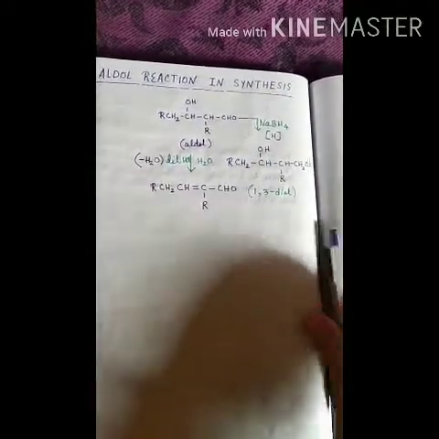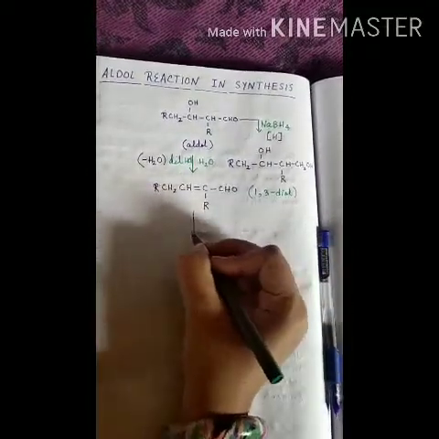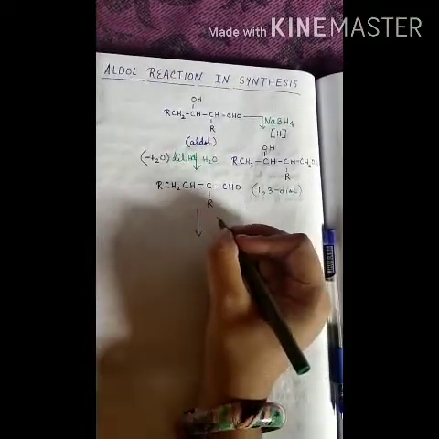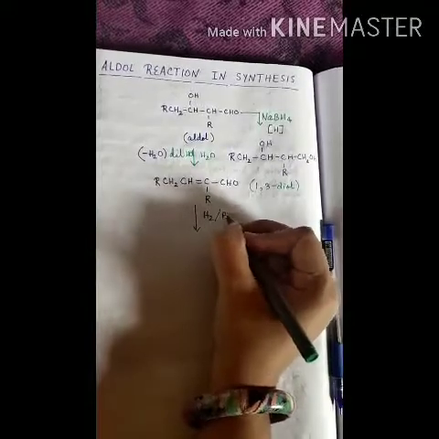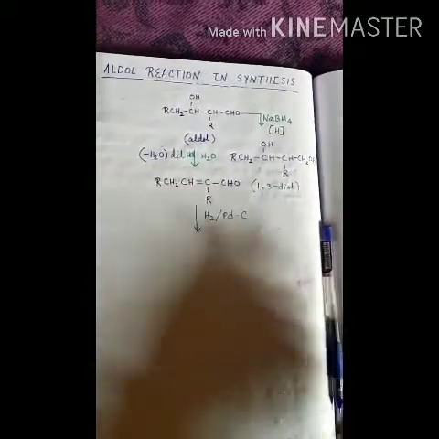unsaturated aldehyde. Now if we treat this alpha beta unsaturated aldehyde with a reducing agent, suppose hydrogen, and the catalyst is palladium over activated charcoal.